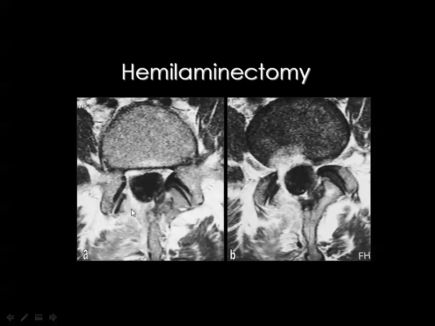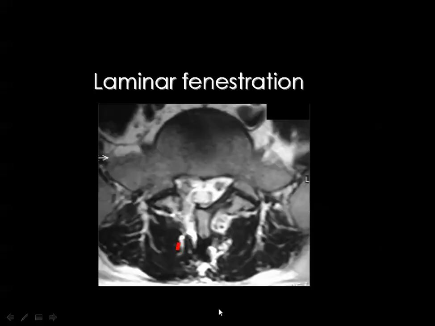You see that the right lamina is missing while the left lamina is there. And this was indicated whenever there is a disc herniation to the right side, then you remove the right lamina to attack the disc, or if the disc is located on the left side, then you may remove the left lamina.